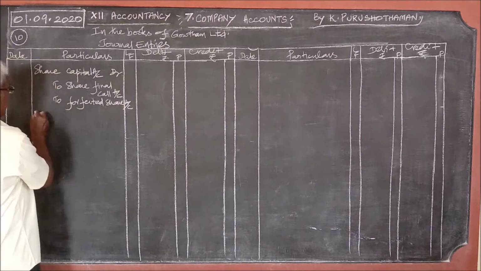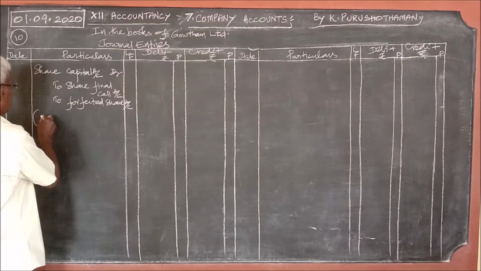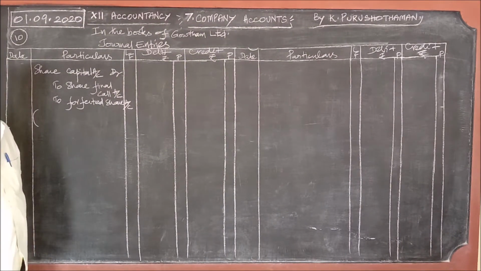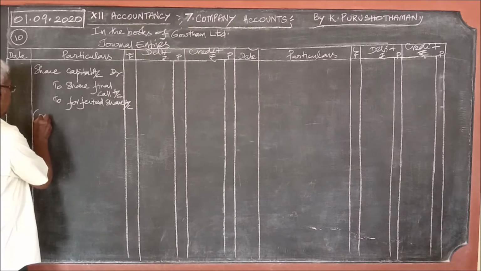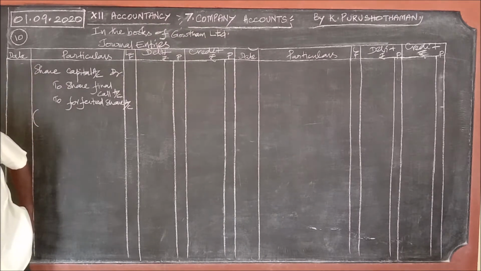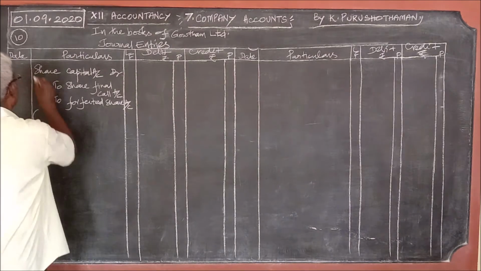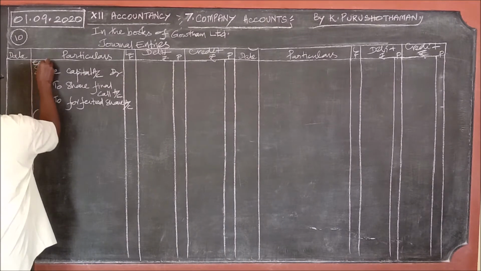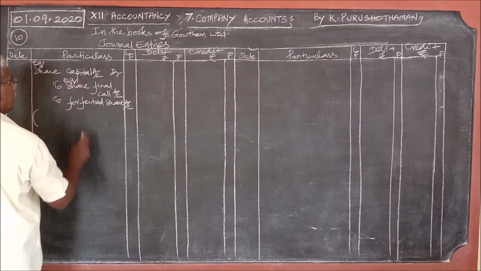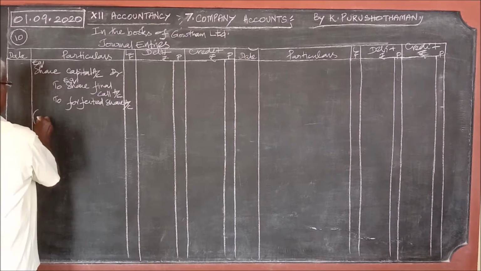What should be the narration? So many shares forfeited, or how many shares given? 500 equity shares. Equity share capital account debit, to equity share final call account, to forfeited share account.